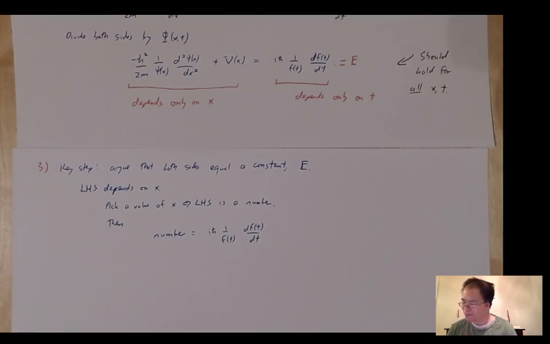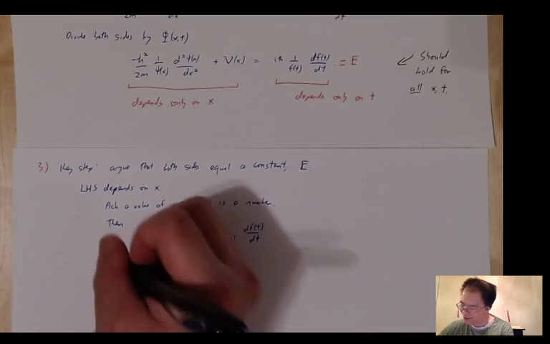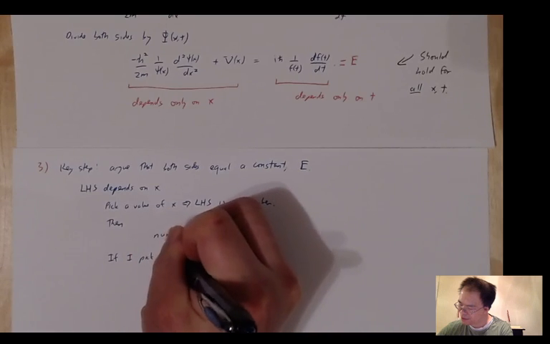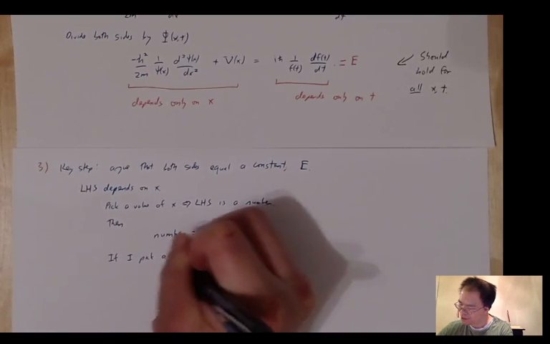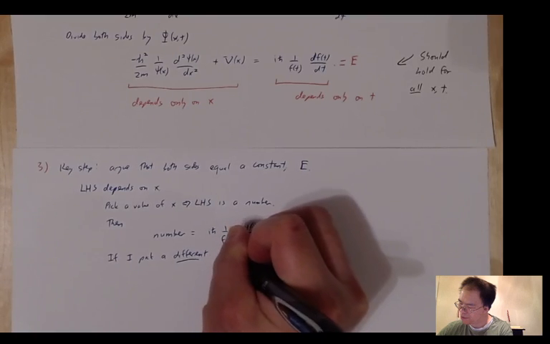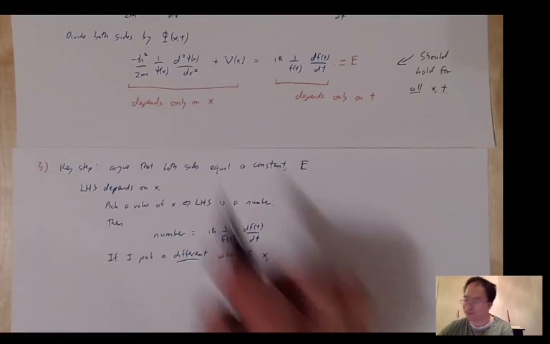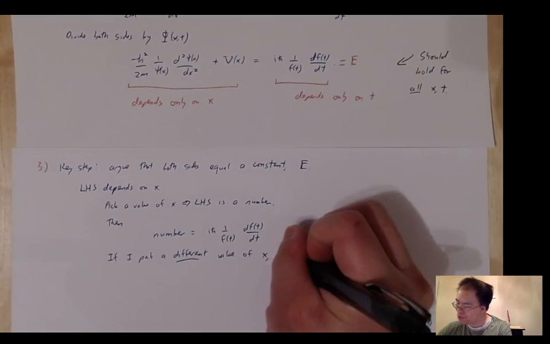Here's the thing: if I pick a different value of x, and there's some non-trivial x dependence here, my number changes.